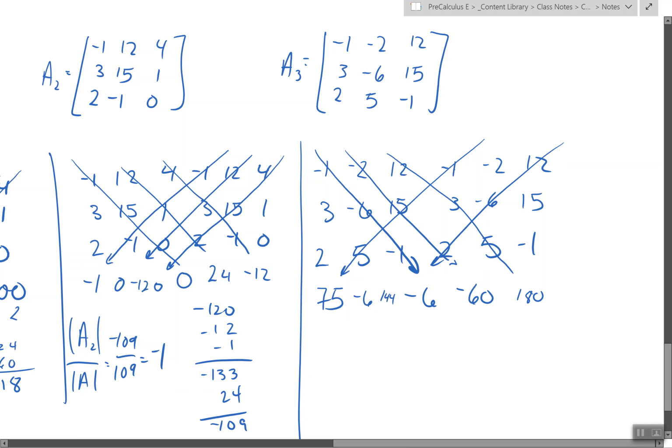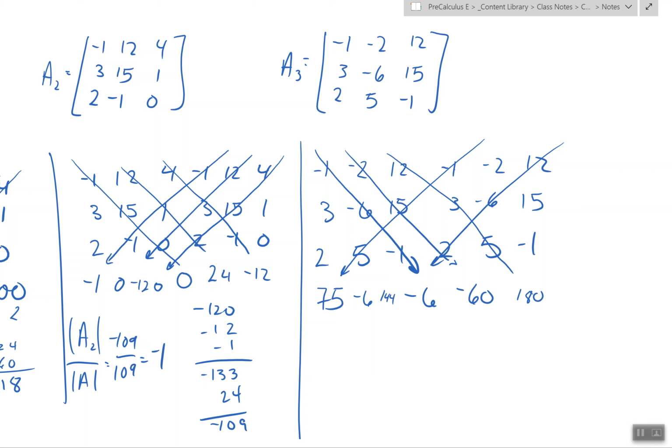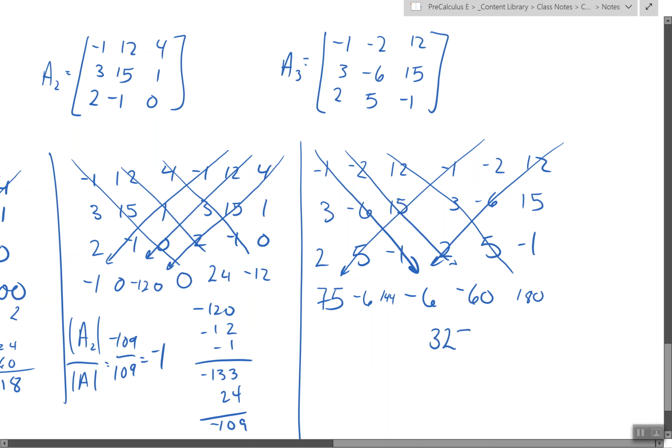So we should be adding together 75 minus 6 plus 144 minus 6 minus 60 plus 180, which should give us 327.